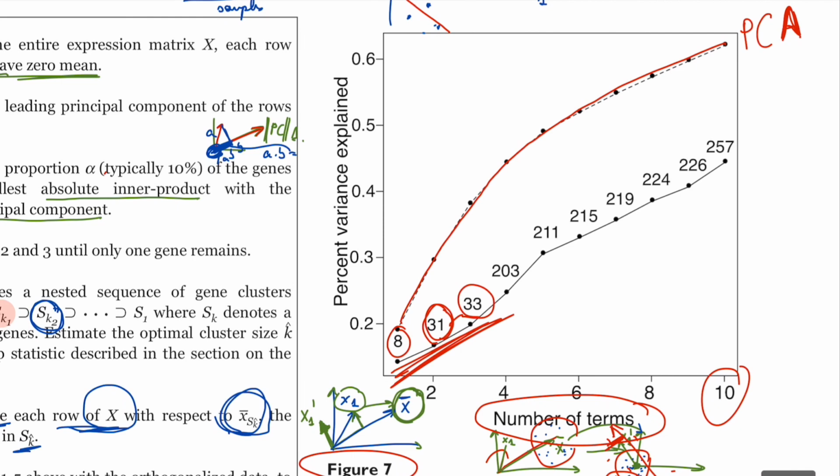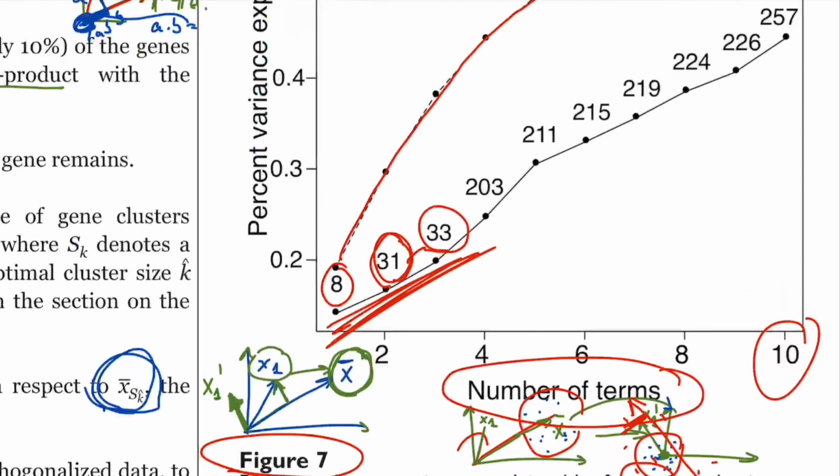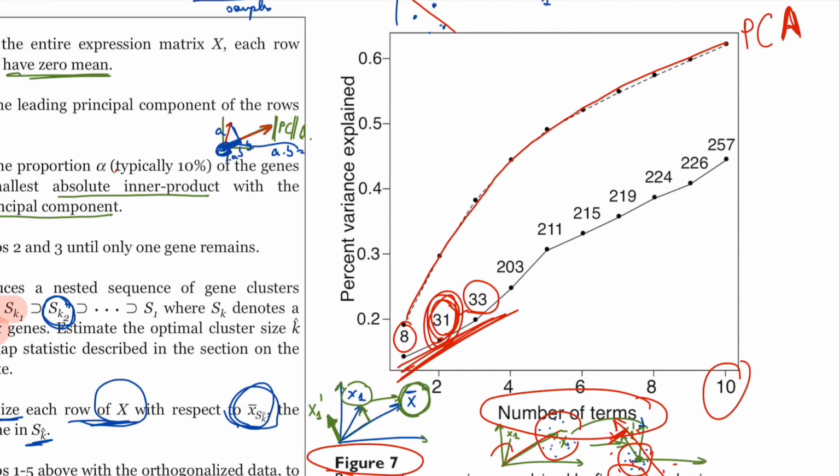Now, if you project the data onto these genes, the variance in that space is essentially a percentage. The key point of this figure is that on the x-axis you have the number of clusters: 2 clusters, 4 clusters, 6 clusters.